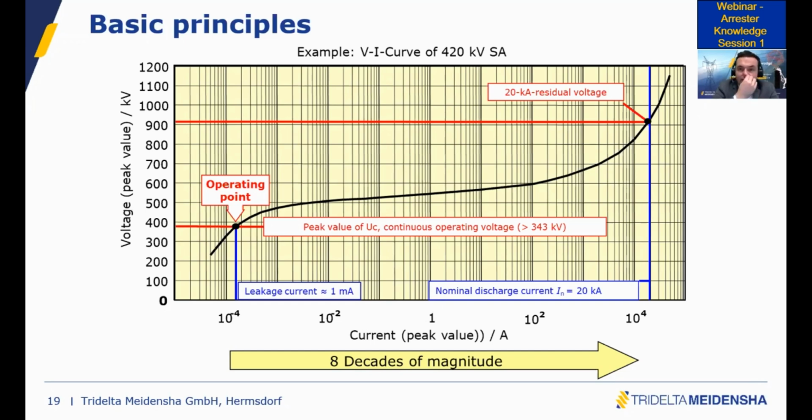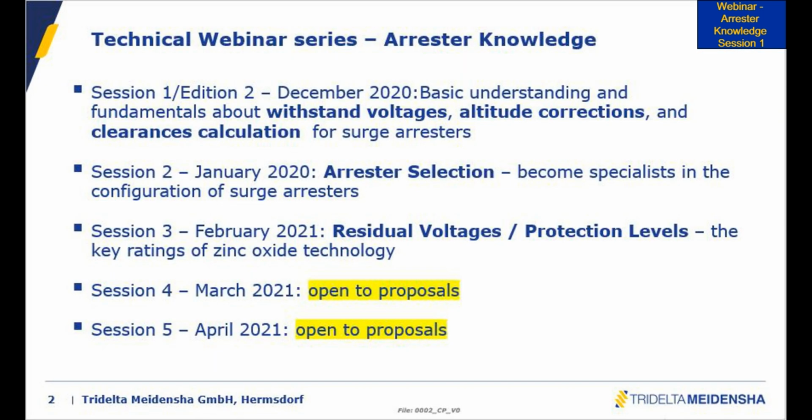This is the meaning of the rated voltage. If you use 396 kV, the protection level will be much better, but you need to make sure that you can withstand the TOV. So this is always a balance to be found. And we will go into the details in the next session for the arrestor selection.